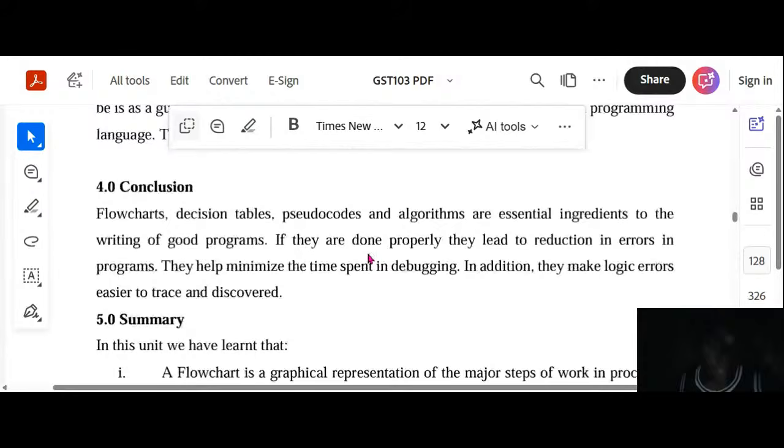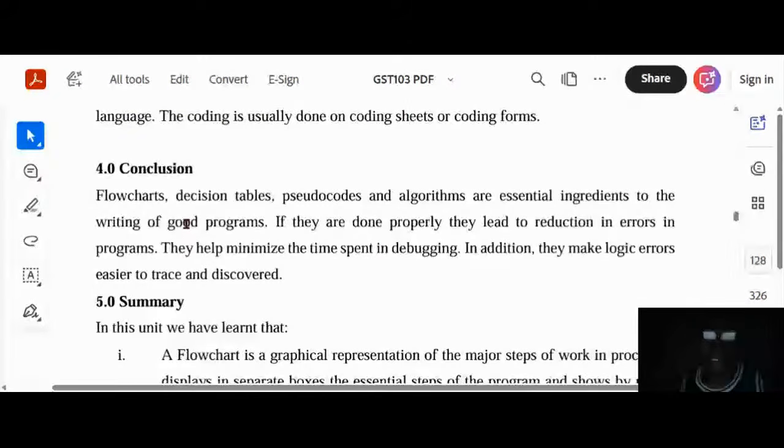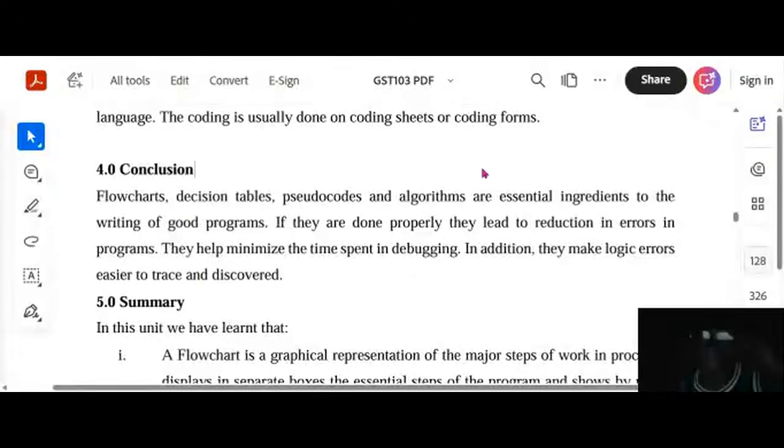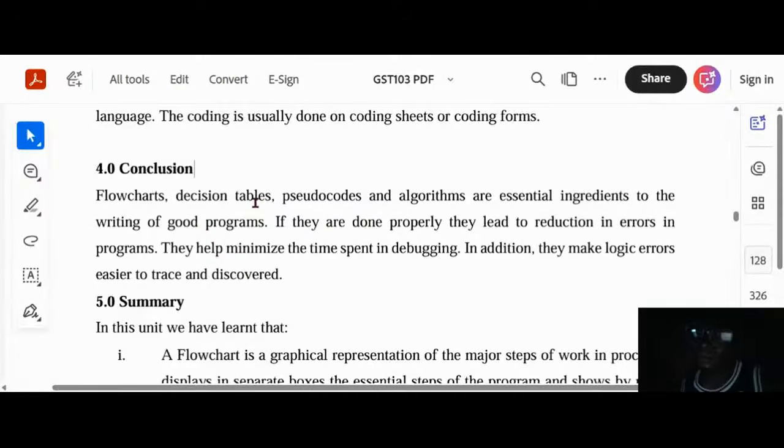Okay, in conclusion, the whole thing we have been reading all came from just one TMA question, the question asking about algorithm and flowcharts. I hope you guys are seeing that if you are reading with a TMA question, before you know it you have covered your material.